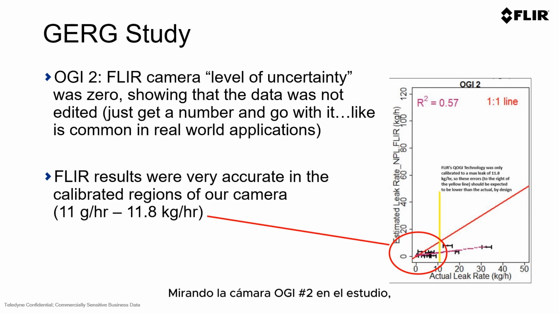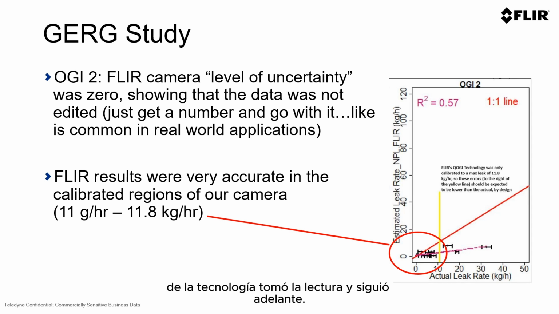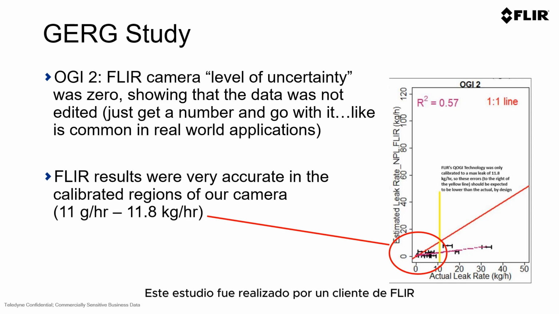Looking at OGI camera number 2 in the study, which was the FLIR GF320 used with a FLIR QL320, the level of uncertainty was 0, which simply shows that the operator of the technology took the reading and moved on. This study was performed by a FLIR customer rather than an engineer from FLIR or one of the scientists behind the actual technology.